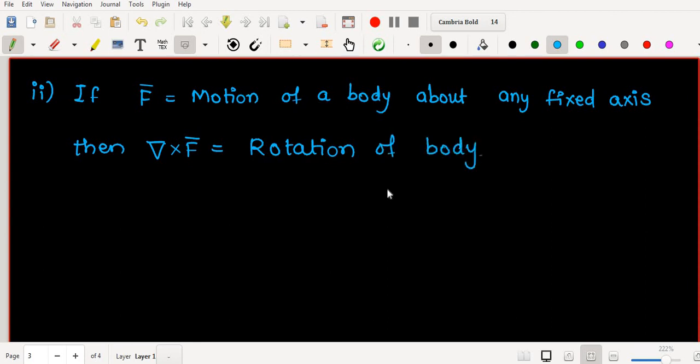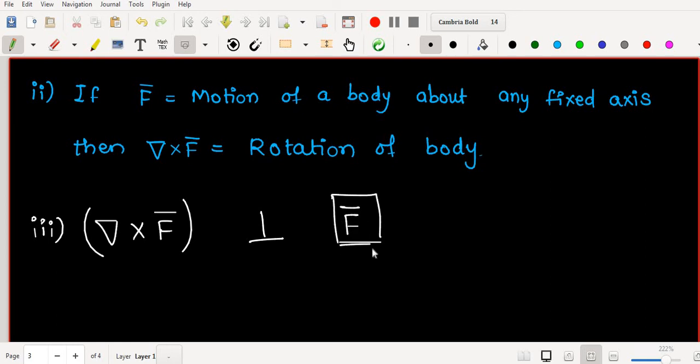If the value of curl is positive, then the rotation will be in anti-clockwise sense, and if the value of curl is negative, then rotation will be in clockwise sense. But if del cross F bar is 0, this implies there will be no rotation. Curl of a vector field is always perpendicular to the given vector function F bar.